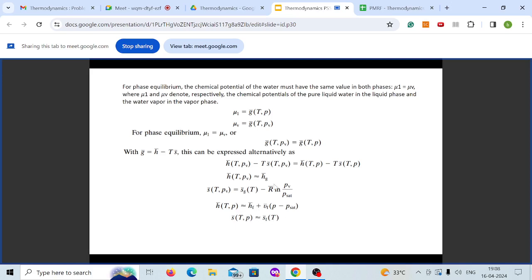You can find Sf, Hg, Sg and Hf from the steam table, and Psat also, for 20 degrees Celsius.